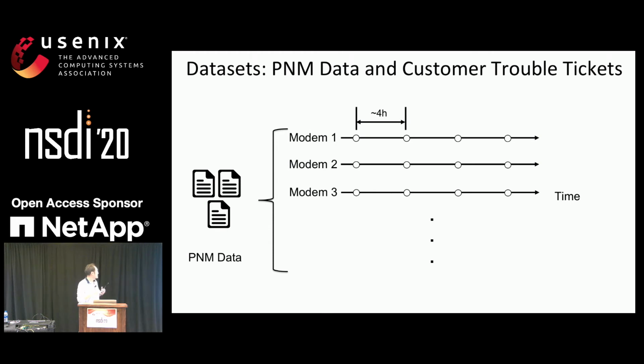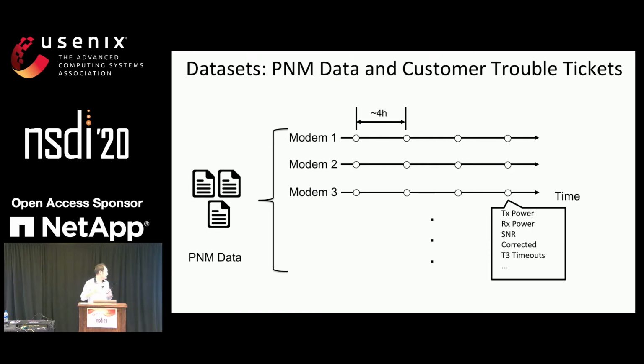We collected these data points periodically, roughly every 4 hours. And each data point contains a list of PM metrics, such as the transmission power, the receiving power, and so on. Meanwhile, a customer ticket can be reported for a certain modem at a certain timestamp.